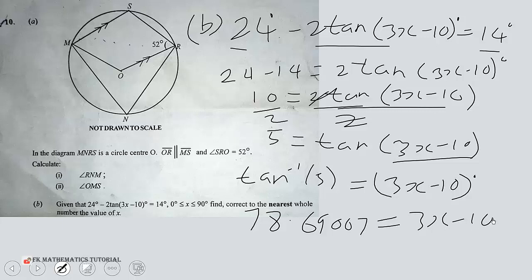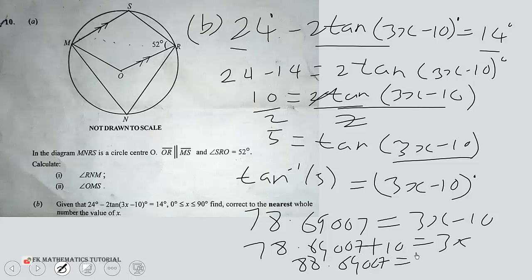So 78.69007 plus 10 will be equal to 3x. So we have 88.69007 is equal to 3x.